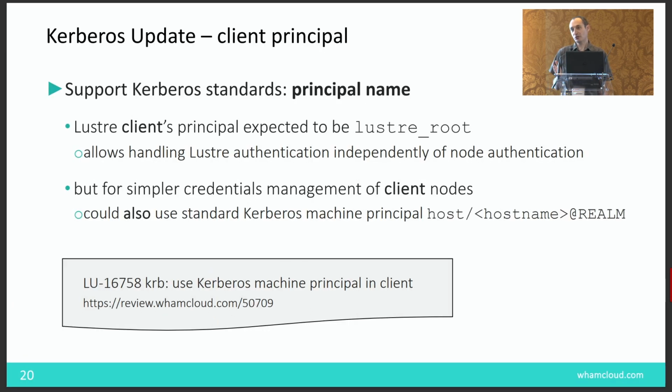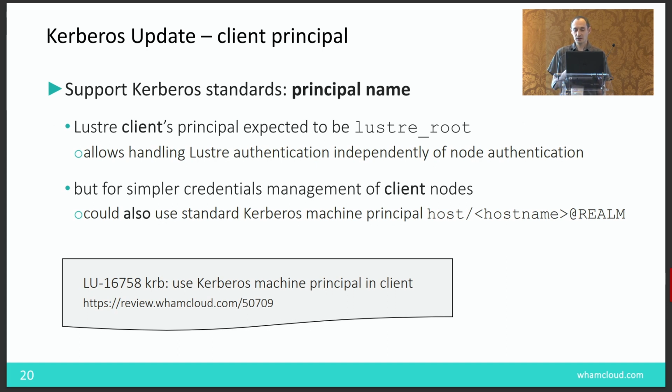The principal name is also something that is kind of imposed by Lustre for not necessarily good reasons. As we explained before, Lustre requires you to have a principal named lustre_root for your Lustre clients.